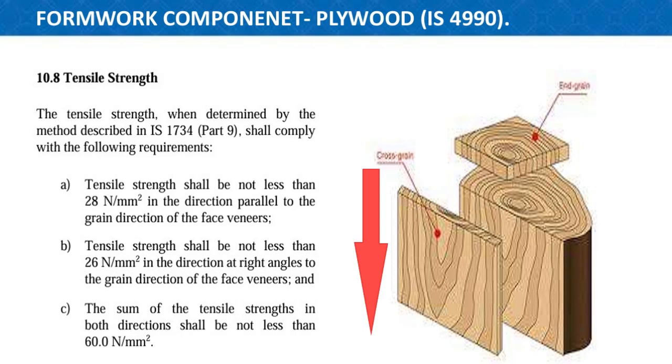In this direction the tensile strength should be 28, and the tensile strength shall not be less than 26 in the direction at right angles to the grain direction. So when you are testing in the direction perpendicular to the grain, the tensile strength should not be less than 26. So these are the directions along the grain and perpendicular to the grain.